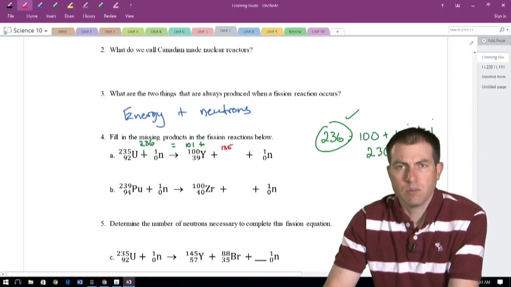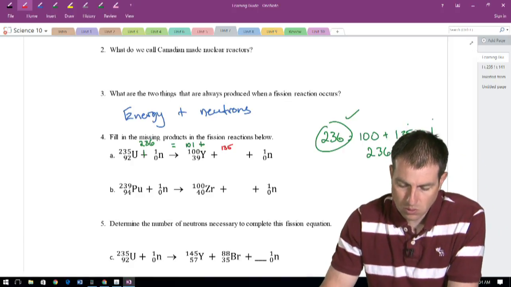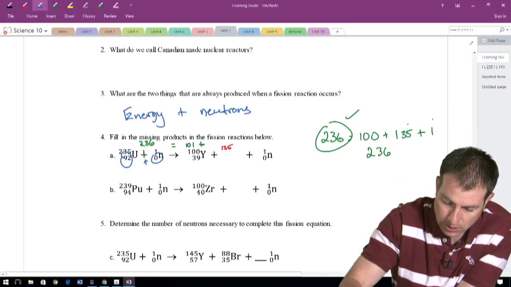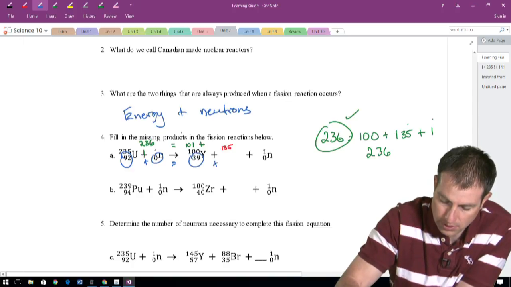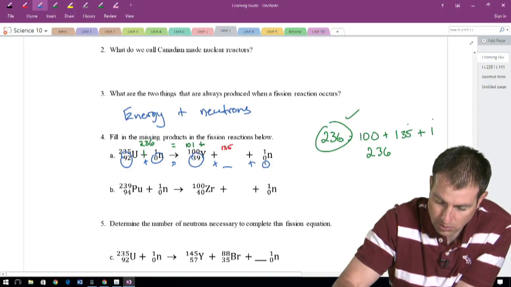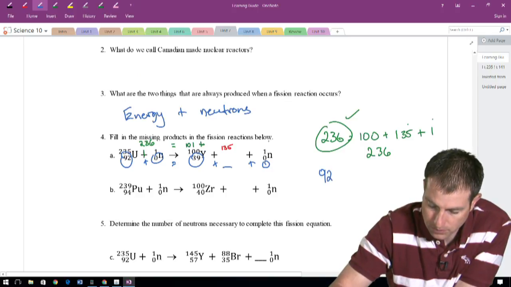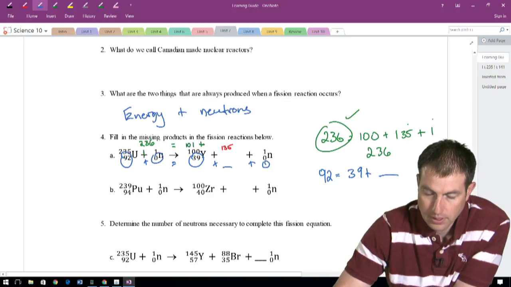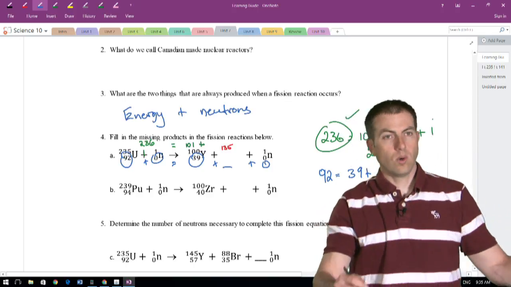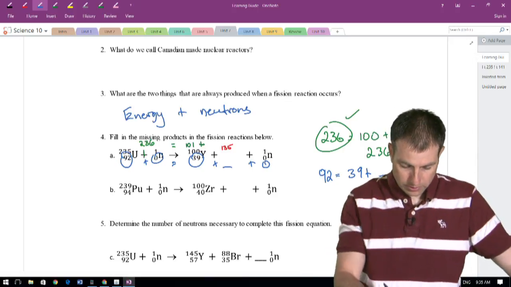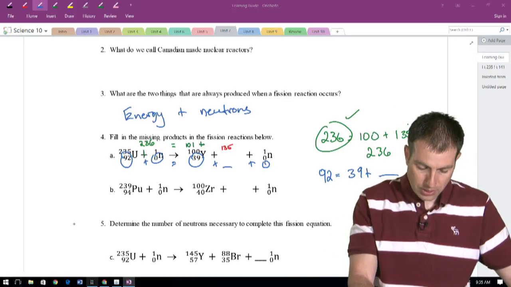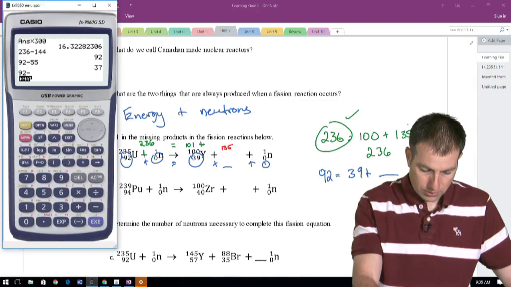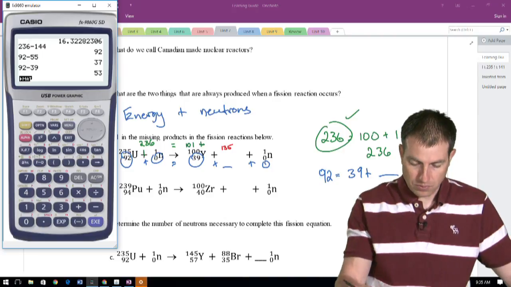Now, the bottom number is the more important one. Well, not necessarily more important, but it's the one that's going to tell us what element we're dealing with. So we have 92 plus 0 is equal to 39 plus something plus 0. So 92 is equal to 39 plus something. If I break out the calculator, I'm going to subtract 39 from 92. 92 minus 39 gives me 53.